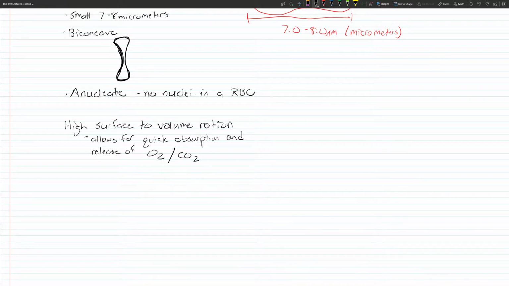We're also going to find out later that hemoglobin, which is inside the red blood cells, hates oxygen. It's a pain to load hemoglobin with oxygen, and as soon as it can, it kicks it off as quickly as possible.